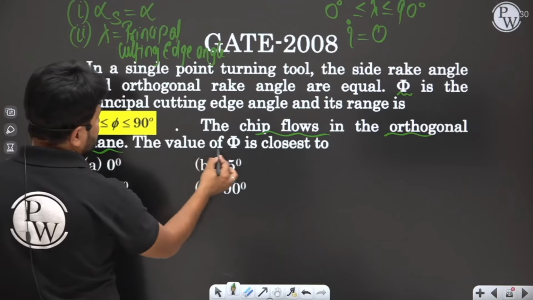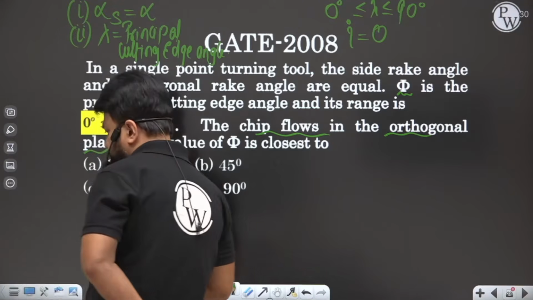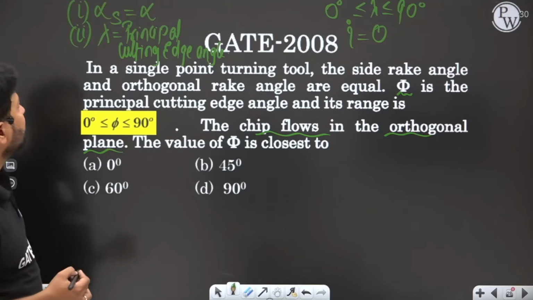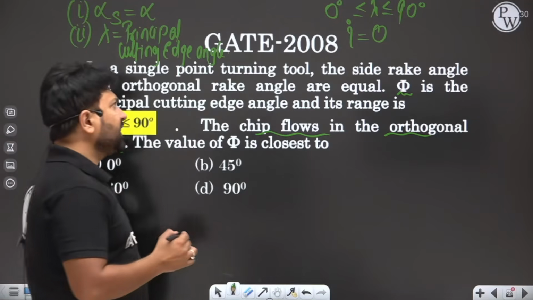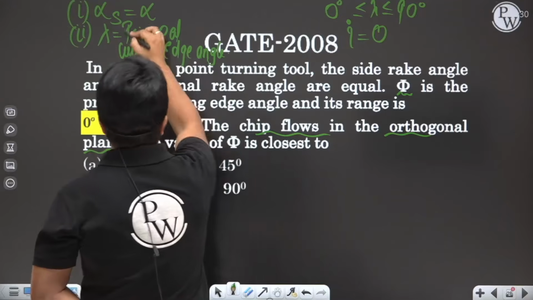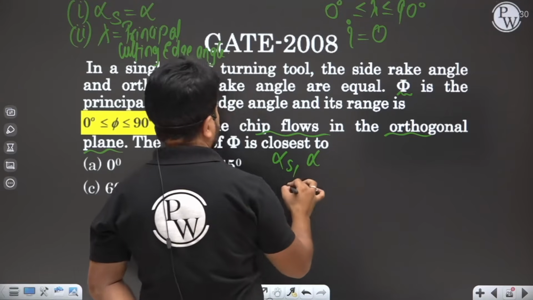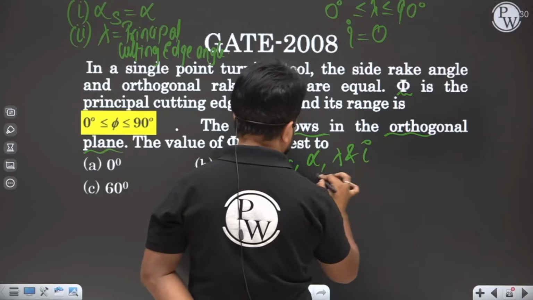You have to find the exact value of phi, that is lambda, it is closest to. Now, do you remember the formula? Here the back rake angle and side rake angle are equal, so you have to select the formula in which alpha, lambda and I are involved.